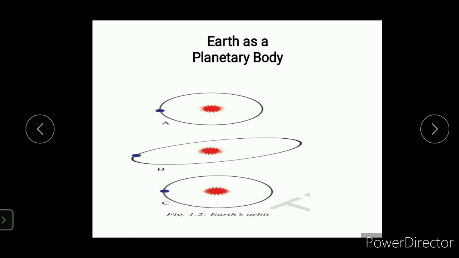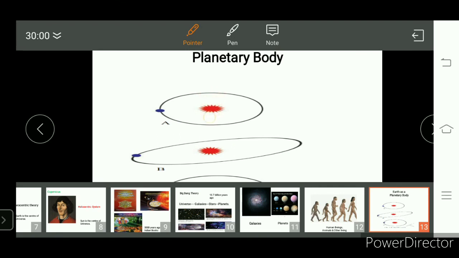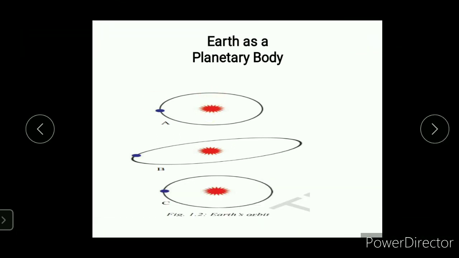Do you know what an orbit is? In the middle is the sun, and there is the planet earth which is revolving around the sun, right?